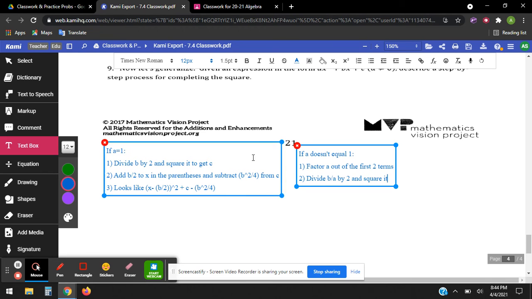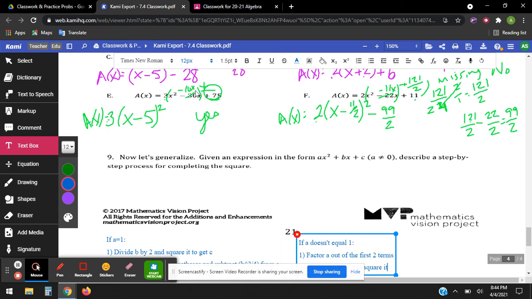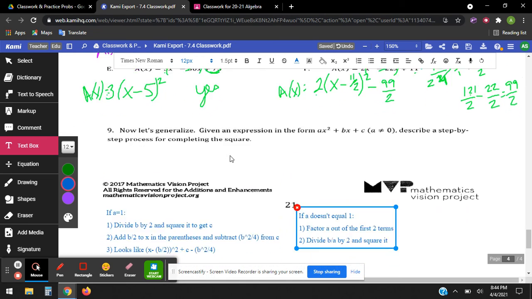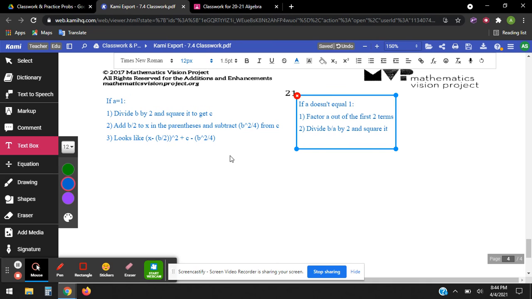So when we divide it out, we divided b over 2 and then squared it to get our number at the end, what should be the perfect square.